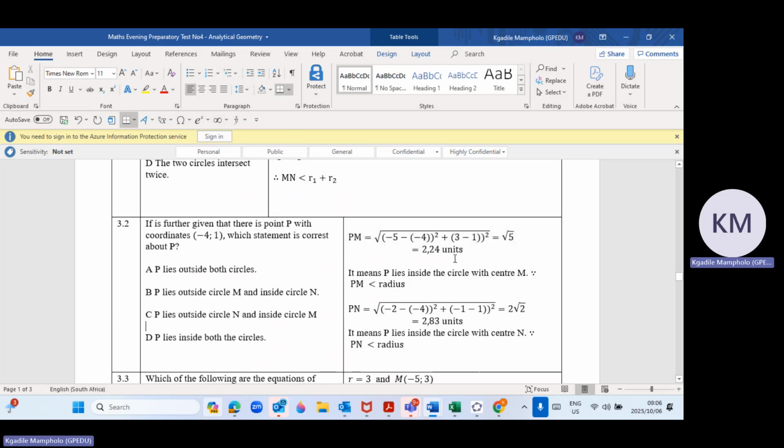It means the distance PM is less than the radius of circle M. Also, the distance PN is less than the radius of circle N. It means P lies inside the circle with center N, and also inside the circle with center M, because in both cases the distance between the center and P is less than the radius.